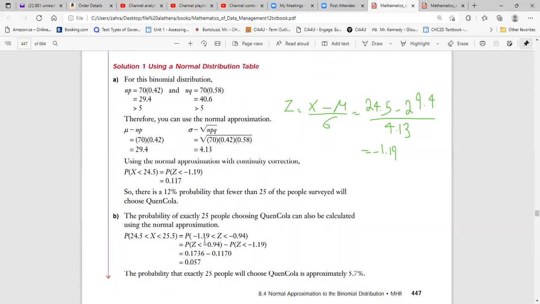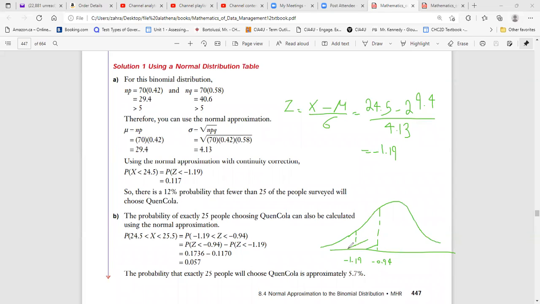When you have your two Z's, you want to find the area between them. Let's say here is negative 1.19 for your Z, and here is negative 0.94.